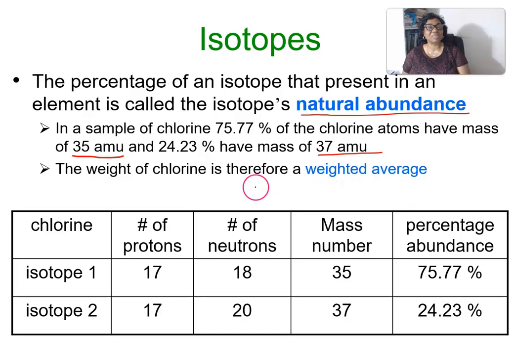So the mass we see in the periodic table is the weighted average of chlorine-35 and chlorine-37. We're going to see how that is calculated.